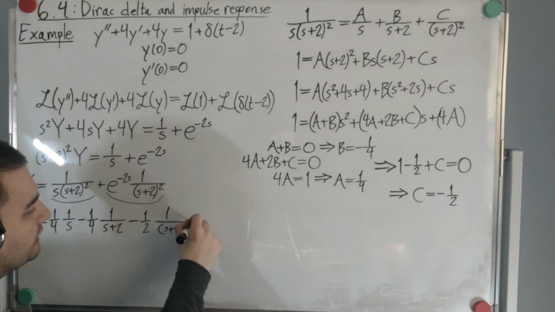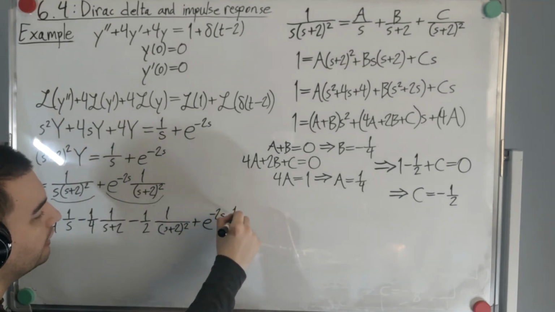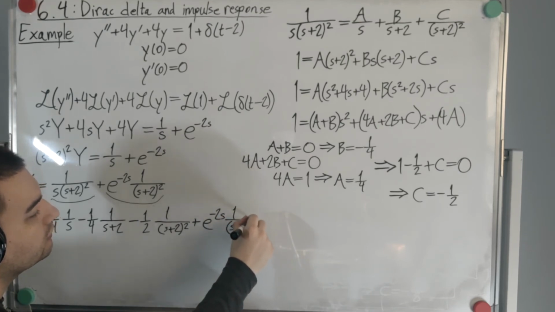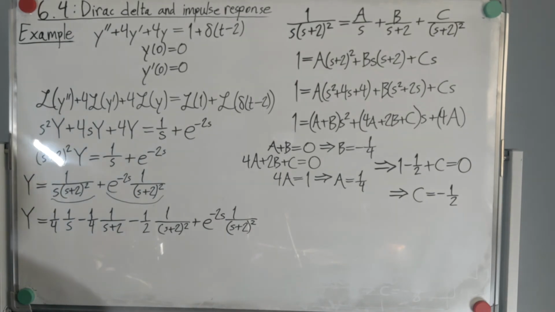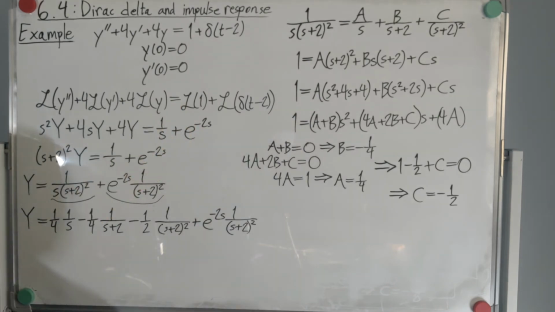And then we still have this e to the negative 2s times 1 over s plus 2 squared here. So once again, I'm going to erase the partial fraction decomposition. Again, if you need to see that for a few moments, then I suggest you pause the video.